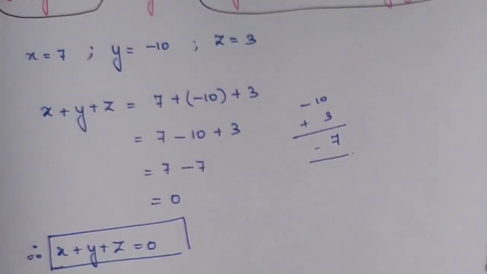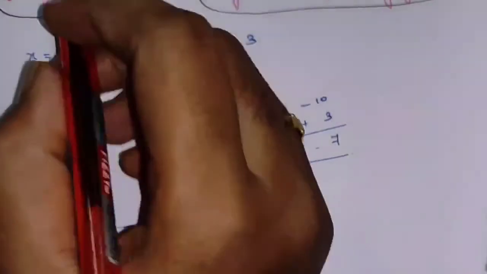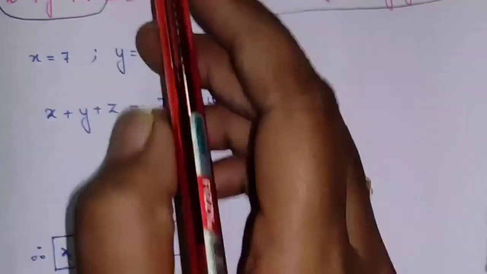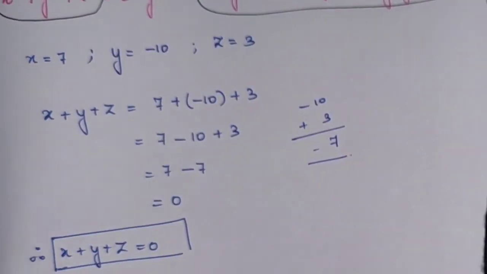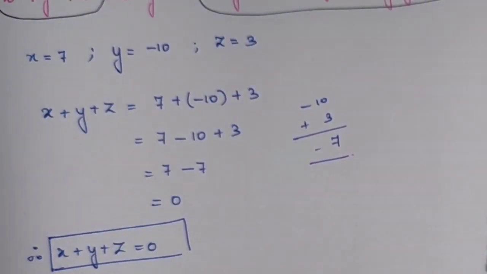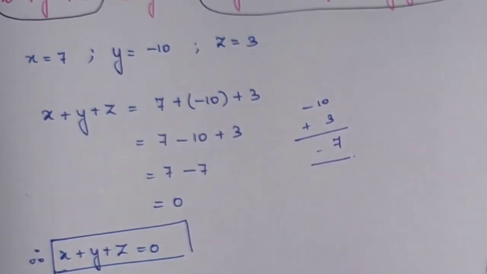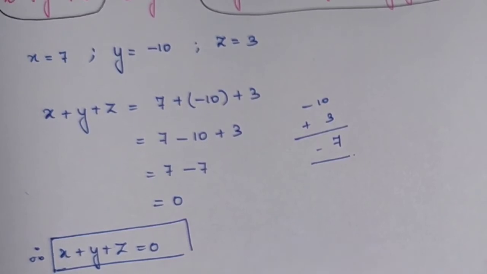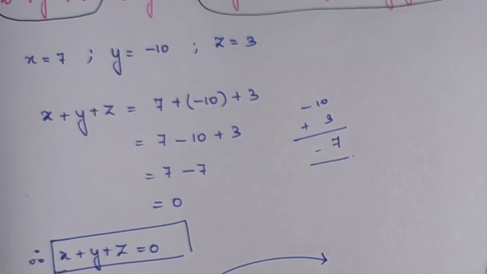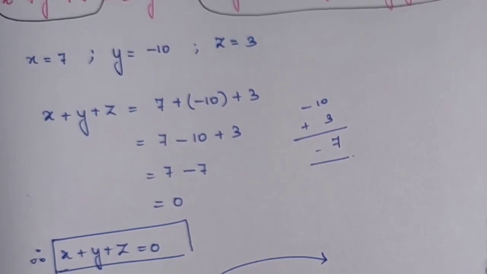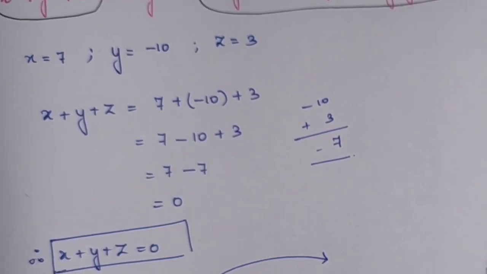So our question is like this: a cube plus b cube plus c cube, where x is equal to 7, y is equal to minus 10, and z is equal to 3. So this term is 0. If you take this term to the other side, it will become x cube plus y cube plus z cube is equal to plus 3xyz.